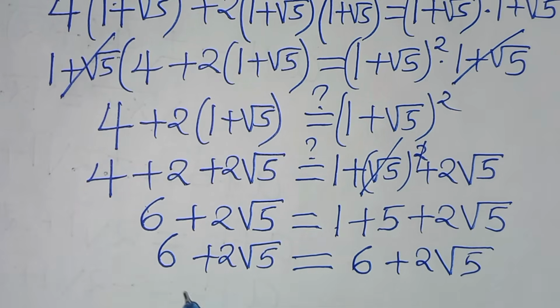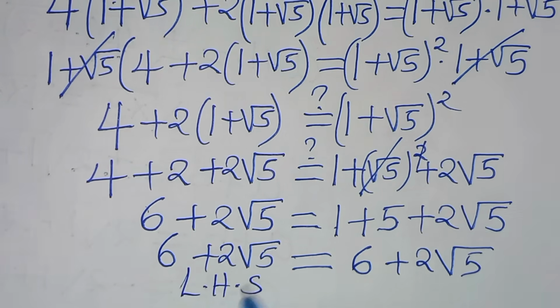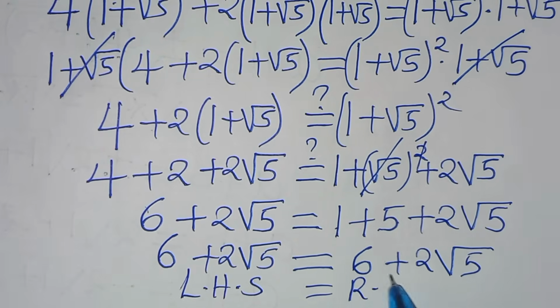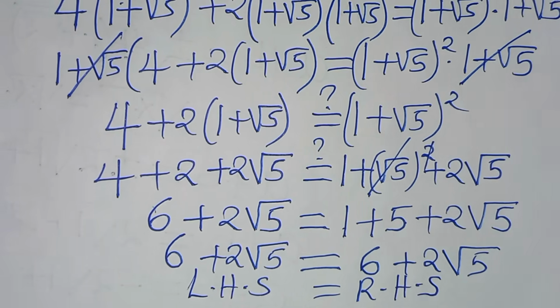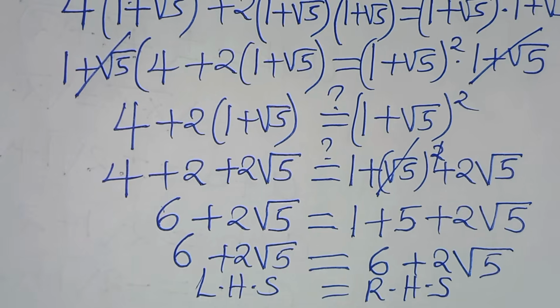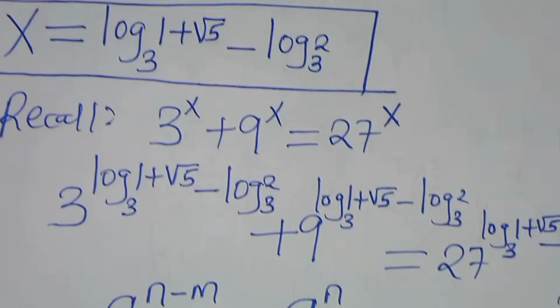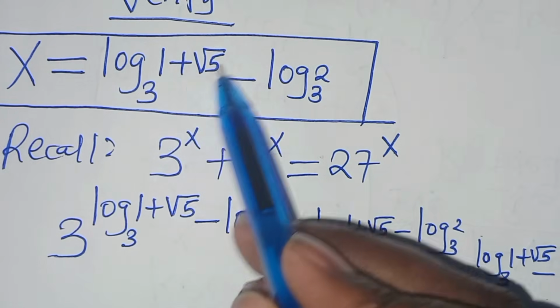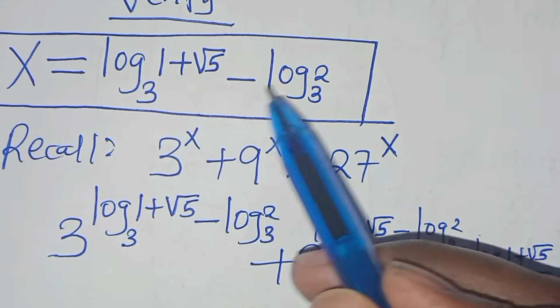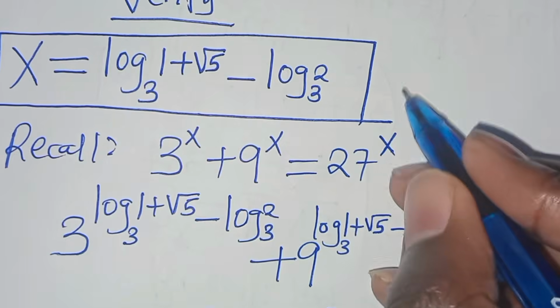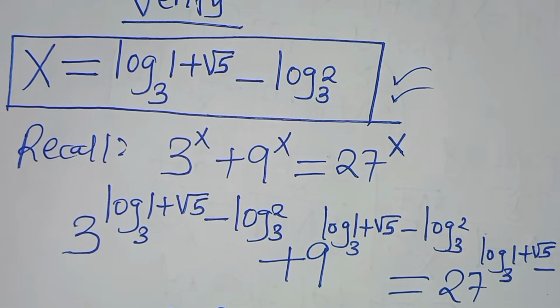So this implies that the left hand side is equal to the right hand side. And this implies that the value of x, which is equal to log 1 plus square root of 5 to base 3 minus log 2 to base 3, actually satisfies the equation.